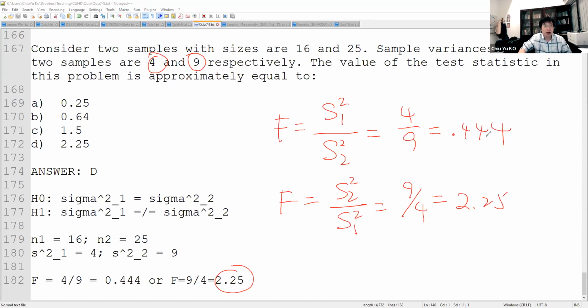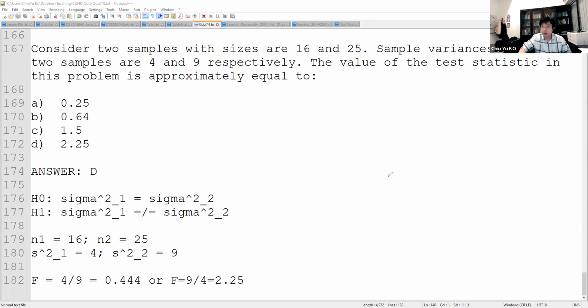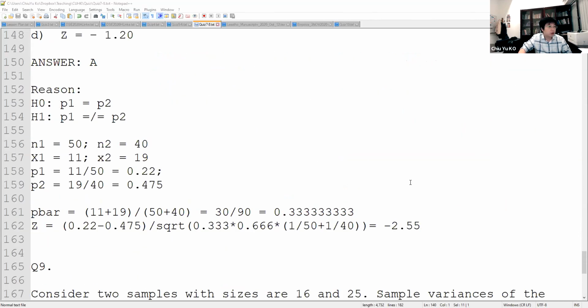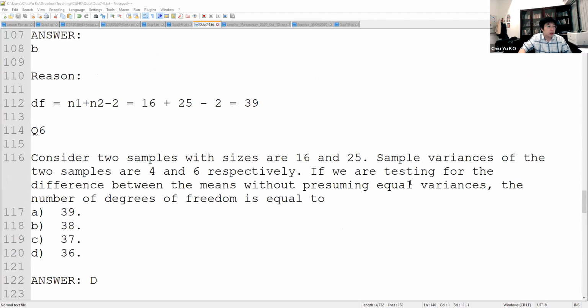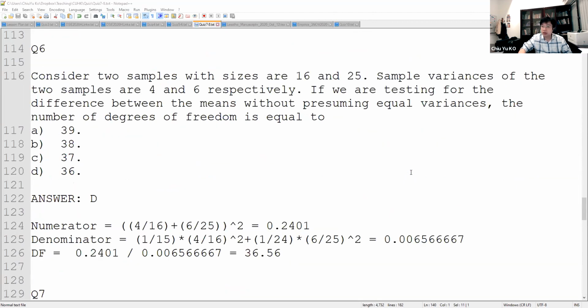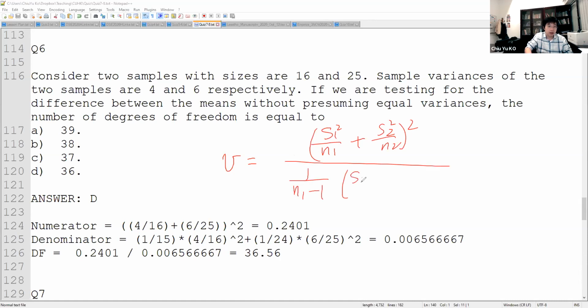Is that okay? Someone asked me to explain question 6 again. Just plug in the formula. V is equal to (S1 squared over N1 plus S2 squared over N2) squared, over 1 over N1 minus 1 times (S1 squared over N1) squared plus 1 over N2 minus 1 times (S2 squared over N2) squared.